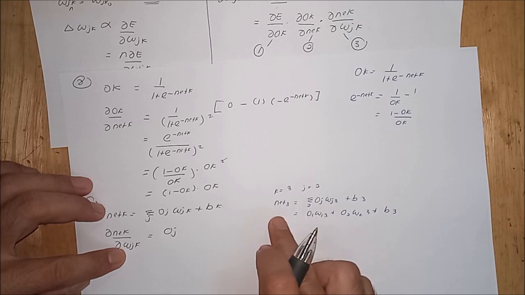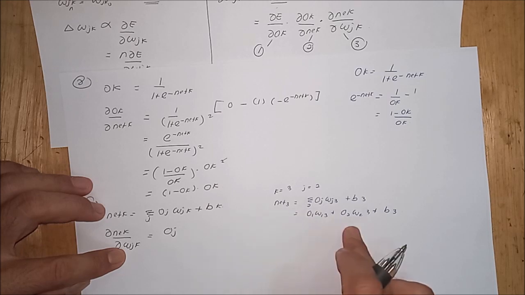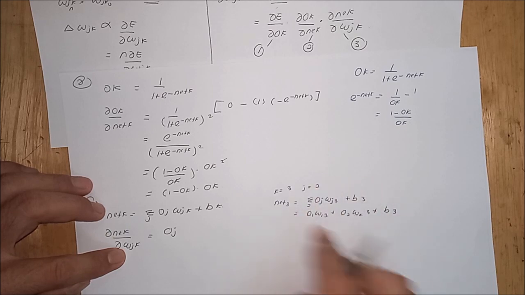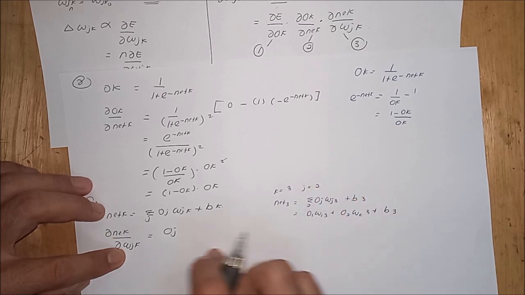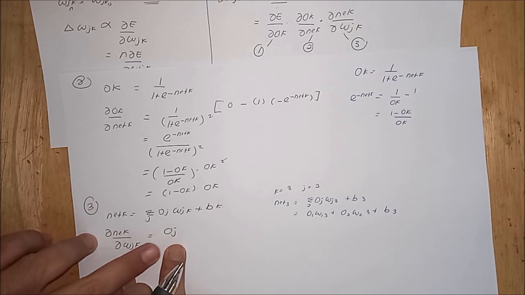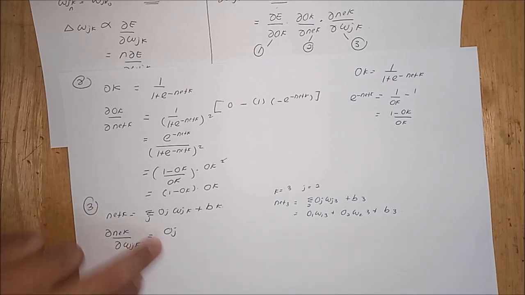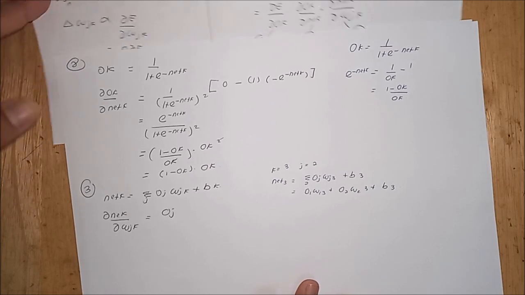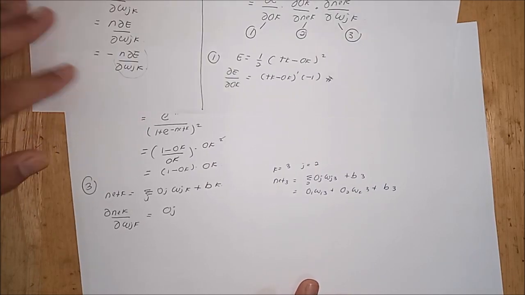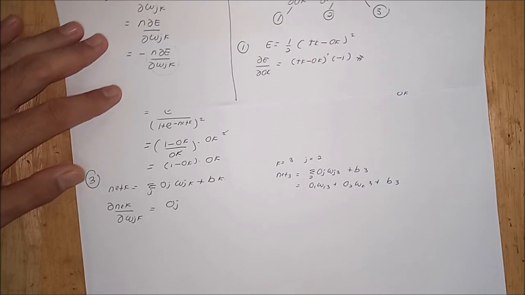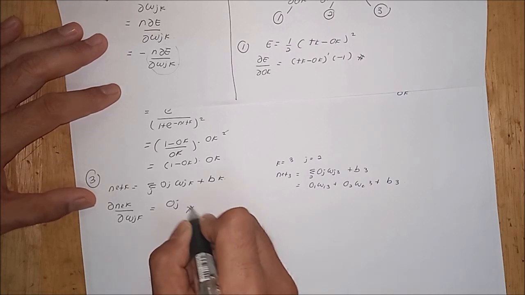If you are interested in d net 3 over dw23, then you are left with o2. So for this particular reason, the derivation in part 3 equals oj. Now we have settled the derivation of all the parts from the chain rule.